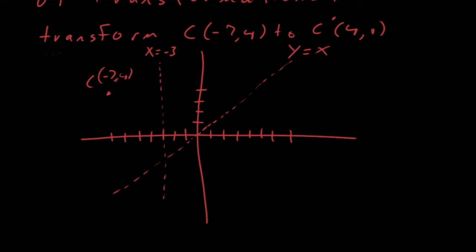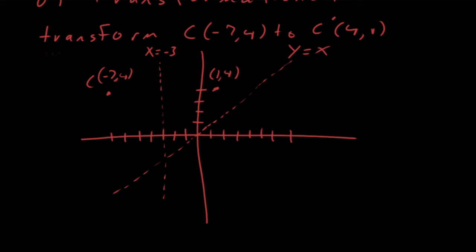So we have to do 1, 2, 3, 4, and then 1, 2, 3. Okay, so here this point for the first transformation, the reflection across x equals negative 3, is going to be 1, 4, right?